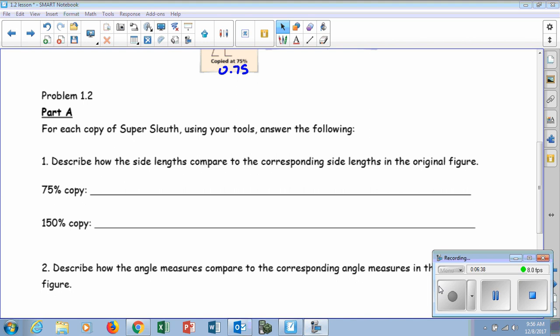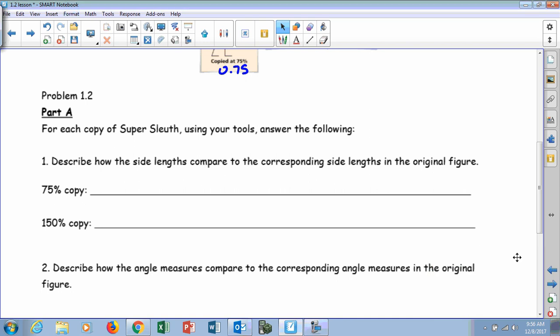Shh, folks, bring it back. So, what did you notice about the side lengths of the copy that was 75% to the original? Side lengths, Blake? Right, it's 25%.